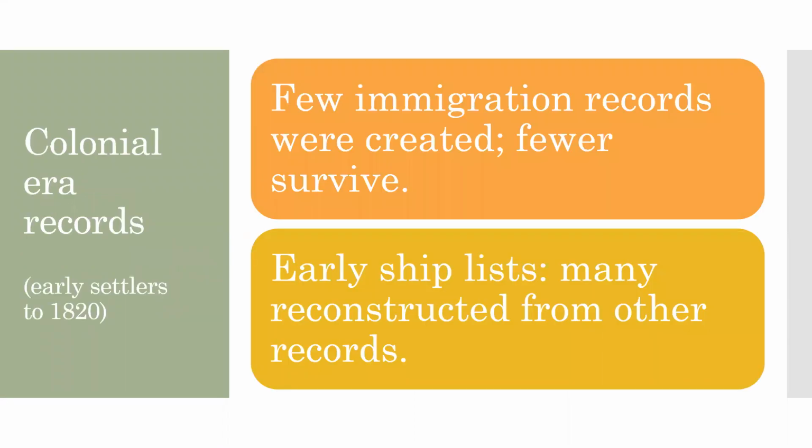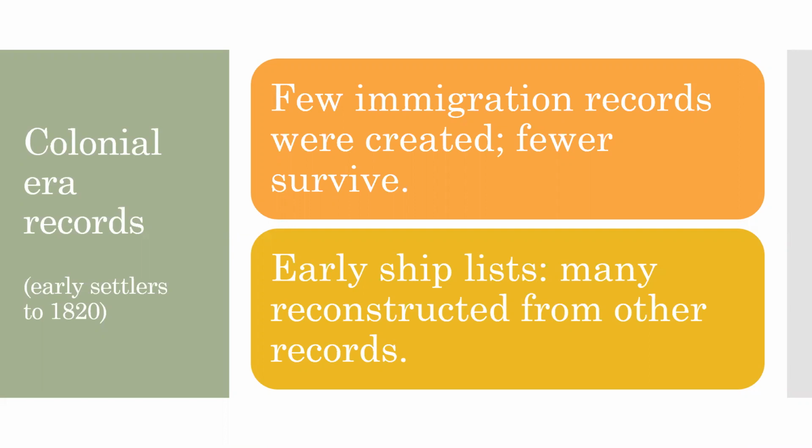So for the colonial era, almost no actual immigration records exist. No passenger lists, nothing like that. Almost no naturalizations, because up until the time of the American Revolution, it was not necessary. They were British colonies. What early ship lists there are are reconstructed from other records.